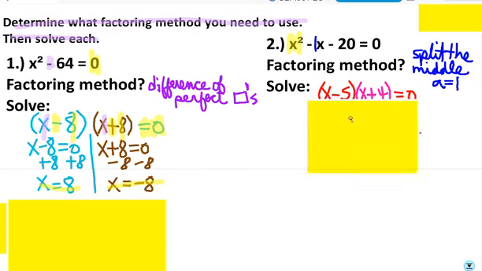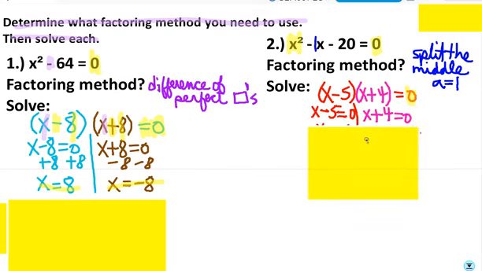And it's 5 that's going to be negative because it's negative in the middle of my quadratic. Remember, to solve, you must always have both the standard form and the factored form equal to 0. Then the zero product property says take each factor and set it equal to 0 and solve for x. So my two solutions for number 2 are x equals 5 and x equals negative 4.